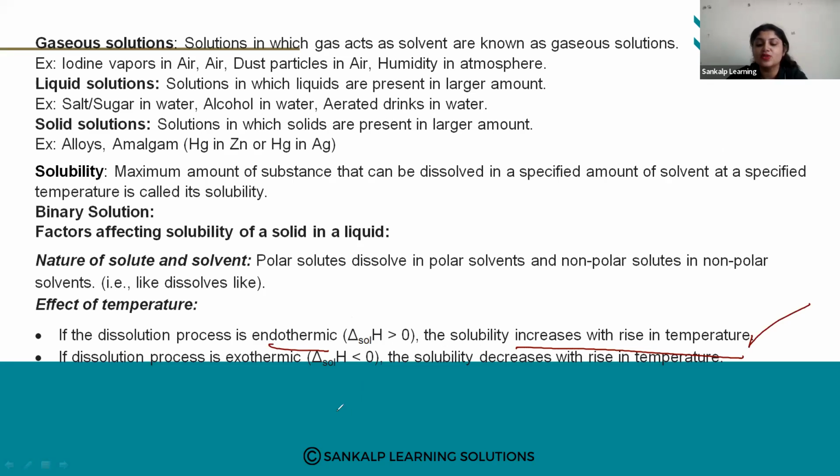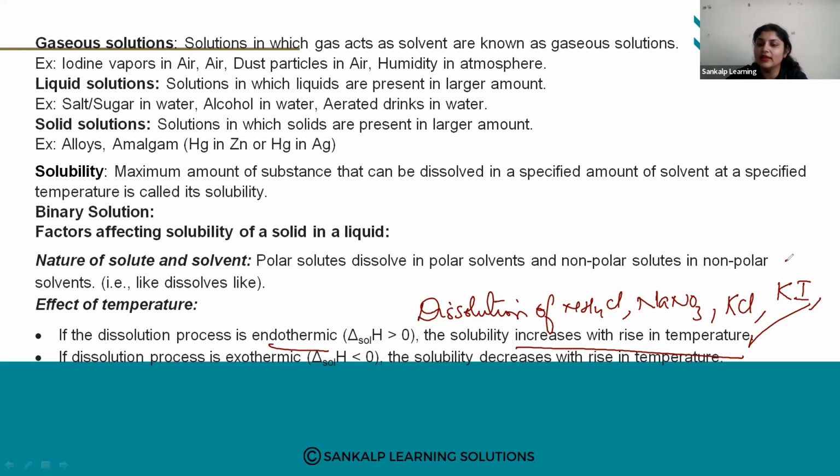The examples for this are the dissolution of ammonium chloride, sodium nitrate, potassium chloride, potassium iodide, and AgNO3. These are the examples for endothermic dissolution.